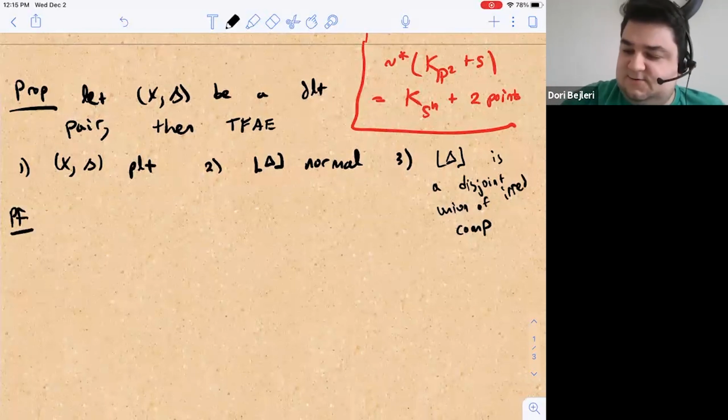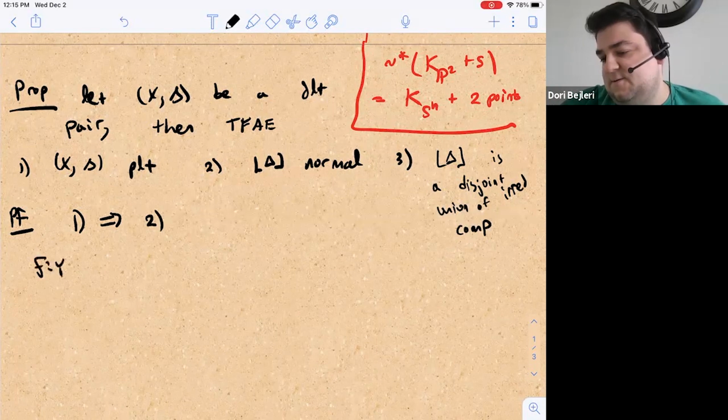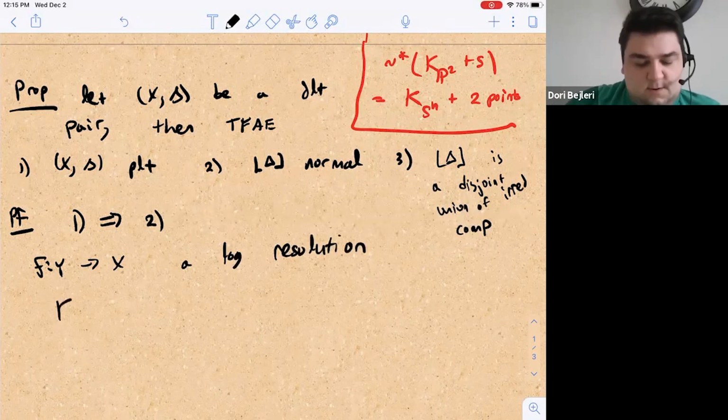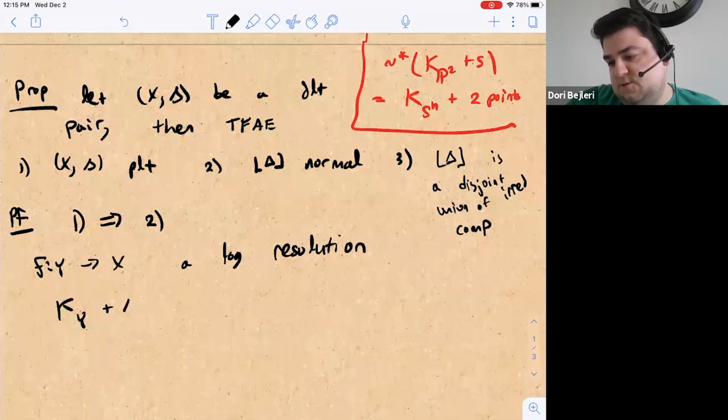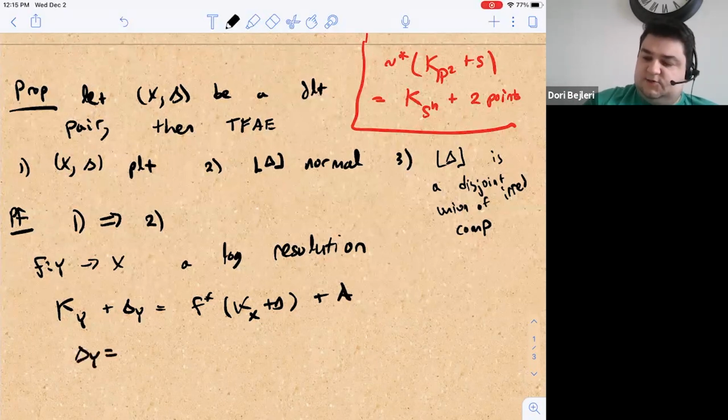Okay, so we'll do 1 implies 2. Take a log resolution, and write down KY plus delta y is equal to the pullback of KX plus delta plus some A, where delta y in this case is the strict transform of delta.